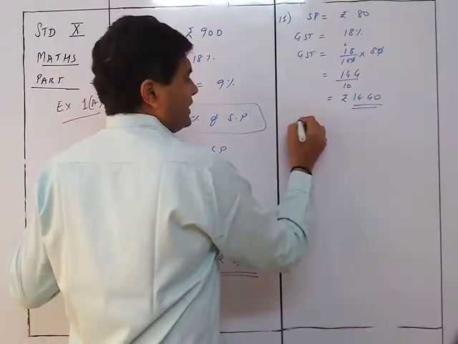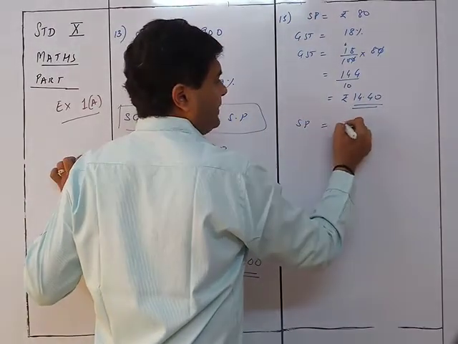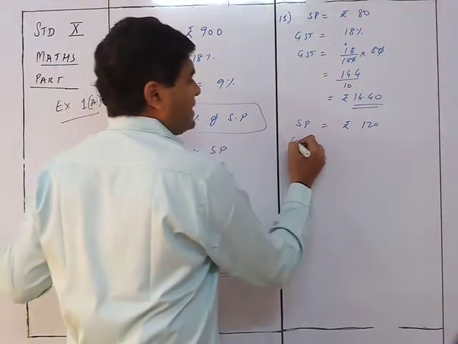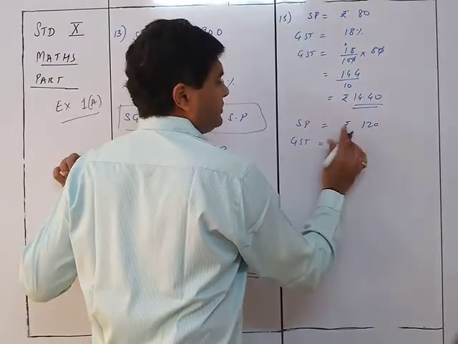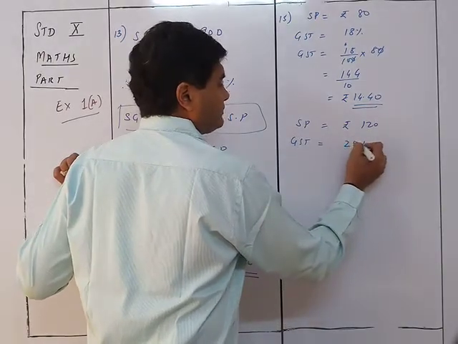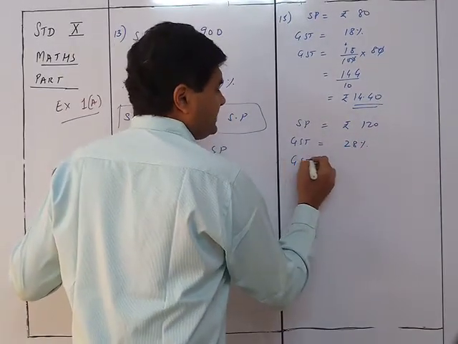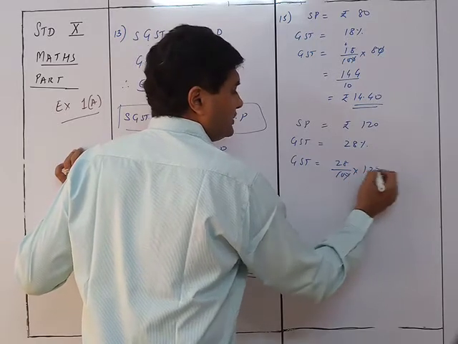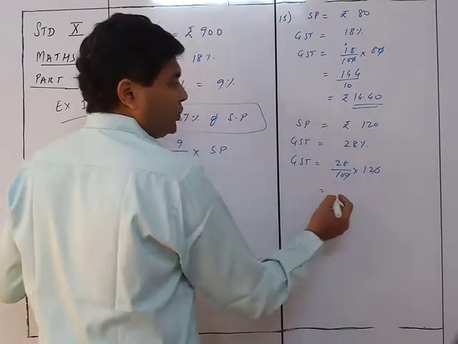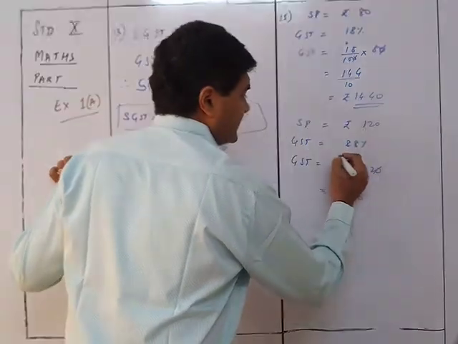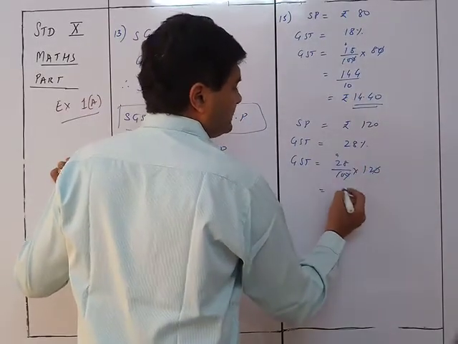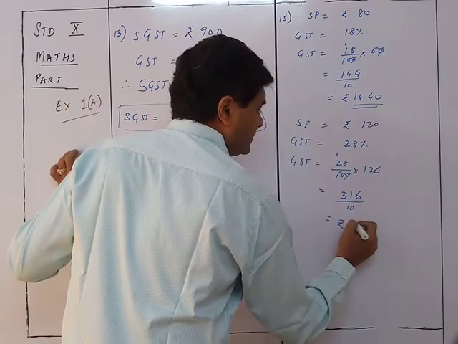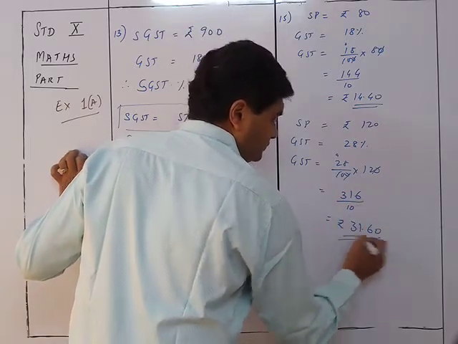What is the new thing? The new SP is equal to rupees 120, and when it is 120 the GST rate is 28%. Accordingly GST will be 28 upon 100 into 120. So that is going to be 28 into 12, so 12 8s are 96 and 12 2s are 24, 24 plus 9 is 33 upon 10, so that will be rupees 31.60.